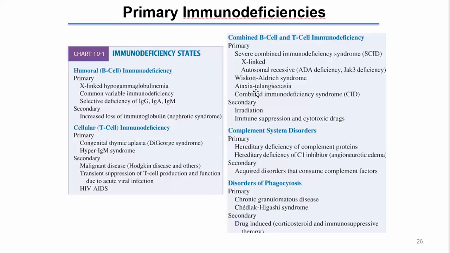We look at all of these, and there's humoral, there is cellular, there's combined, there's some complement disorders where you're not making the right proteins or the proteins aren't made correctly, etc. The point here is that primary has got something to do with congenital or idiopathic causes.